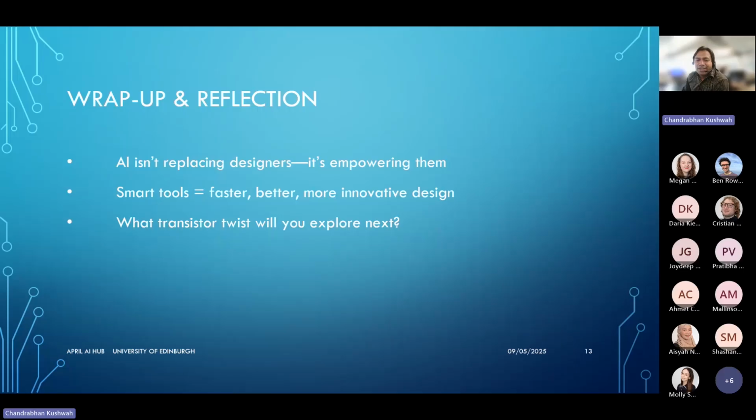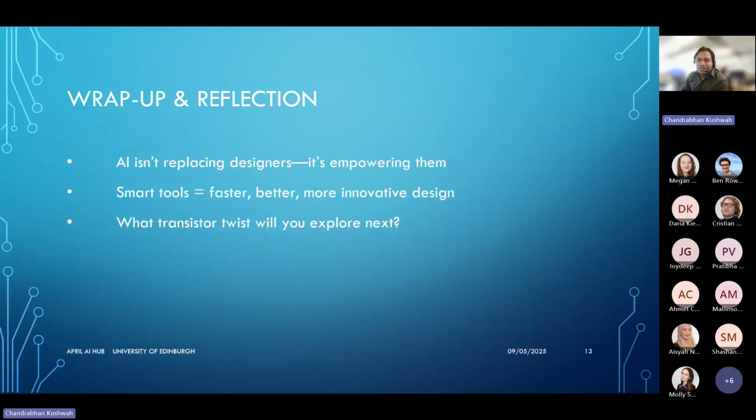With AI-driven tools, we are seeing a fundamental shift. Designers are not just faster to develop, but they are often better optimized and more innovative. AI helps uncover design options we might not have considered, pushing the boundaries of what's possible. It's not just about speed; it's about smarter and more efficient engineering.